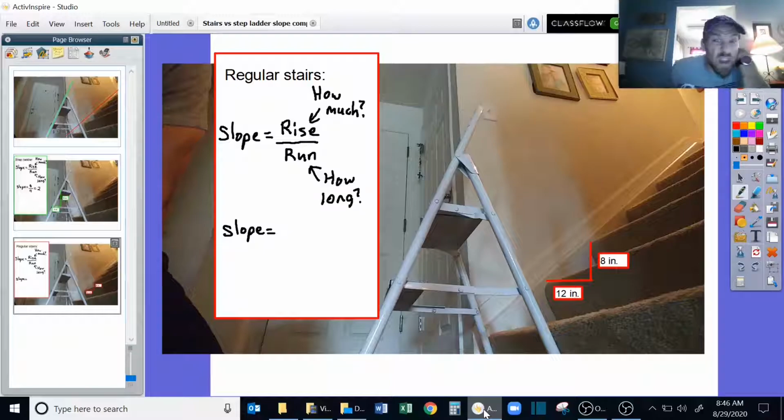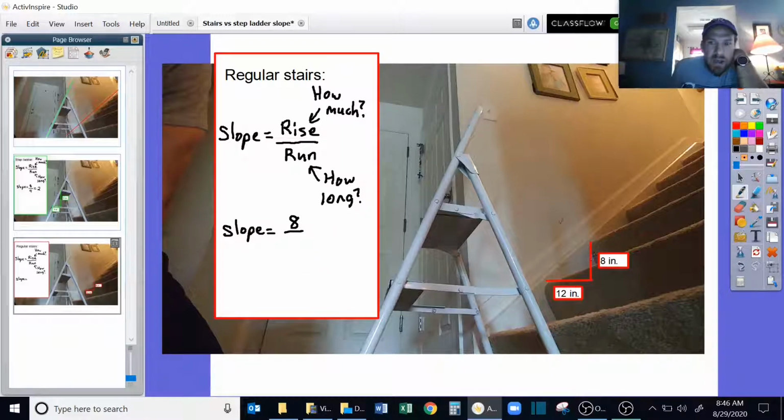When we look at our regular stairs, they also rose up the same amount as our stepladder. They rose up 8 inches. That's our rise. Our rise here for our regular stairs is 8 inches also.